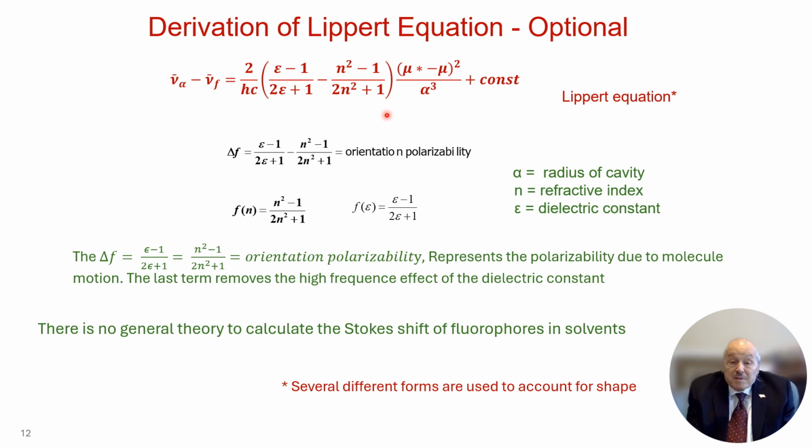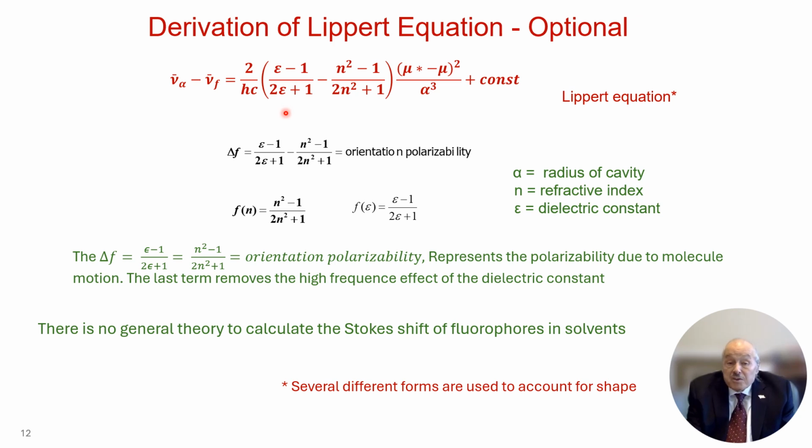This is perhaps the most confusing term for everyone. Why do we use this expression, which is called the orientation polarizability? The reason it's used is because it accounts for two effects. This part is the dielectric constant, that's really a low frequency response. You put a fluid between two metal sheets and you see what charge builds up on it, and then you measure the dielectric constant.